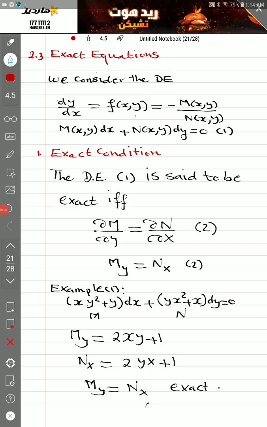Now we shall give the method for solving exact equation.